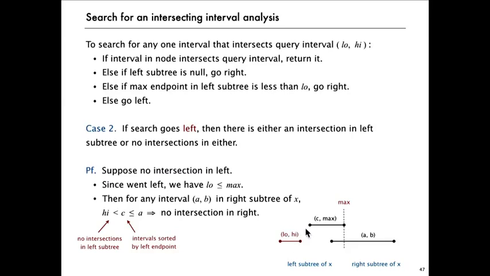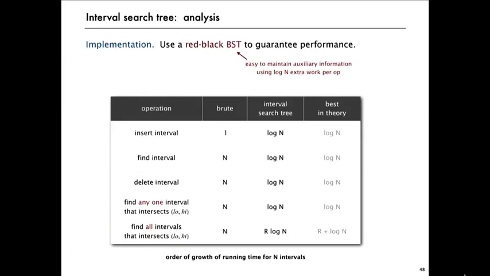And that means that C's got to be less than A if A is in the right, so therefore there can't be any intersection in the right either. No intersection in the left means no intersections at all, so those two cases are enough to show that this algorithm finds an intersection if there is one.